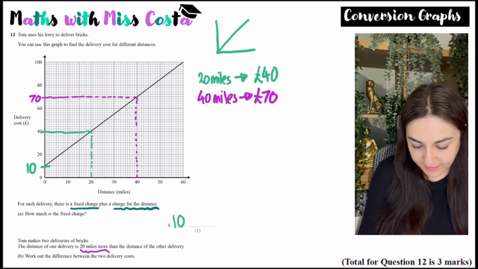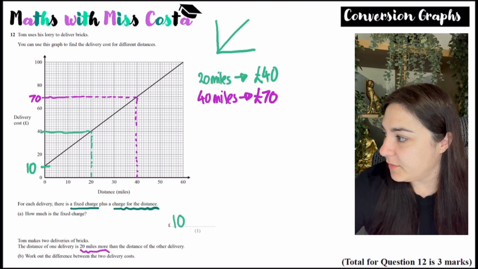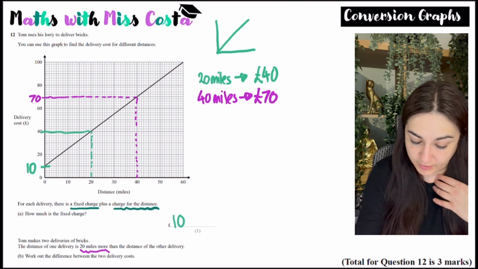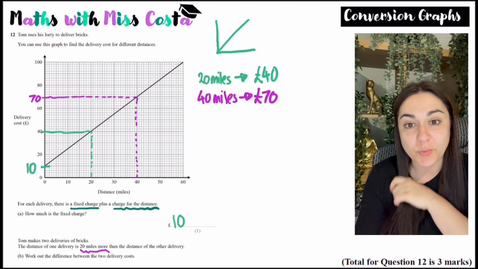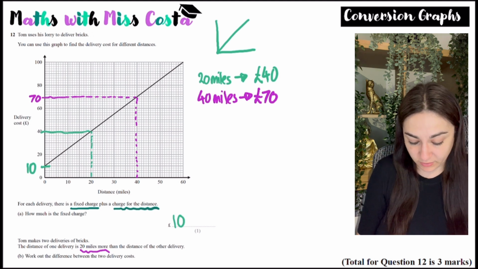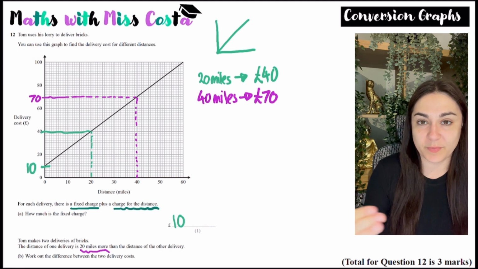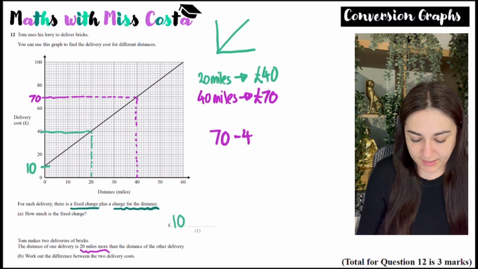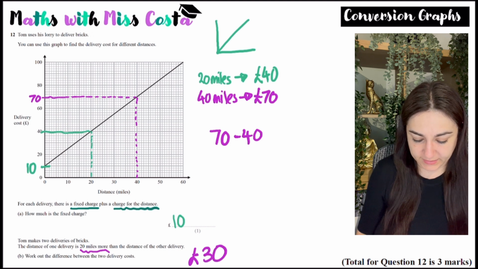So that would be £70. Using this conversion graph, I know that one delivery is 20 miles, the other is 40 miles. They're a distance of 20 miles apart. I need to work out the difference between the two delivery costs. To work out the difference, you subtract the smallest amount from the largest amount. So I'd do 70 take away 40, which is £30.